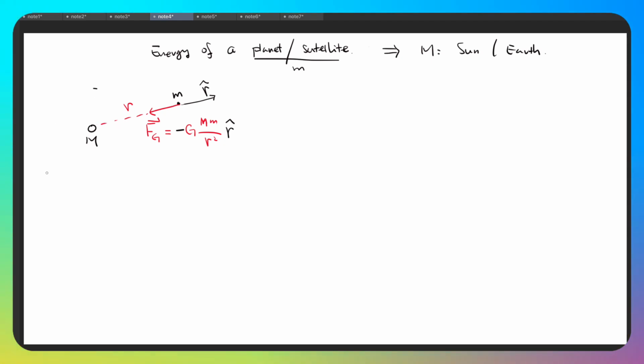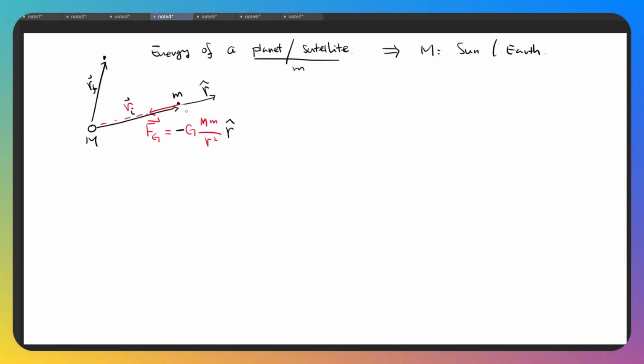Now let's imagine that this little m goes from this position, let's call this the initial position, to a final position here. Now we're going to draw another vector, r final. That's r initial, going outward this way.